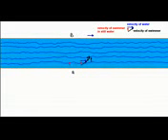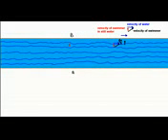Let's just run that through again. So we can see now that as the swimmer starts off heading towards B, the combination of those two vectors makes him go on this diagonal course downstream.